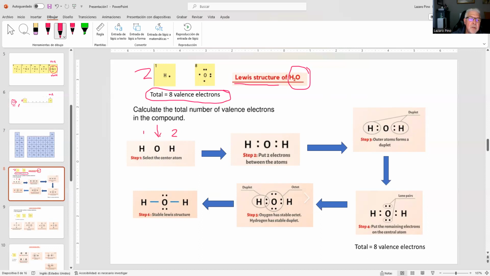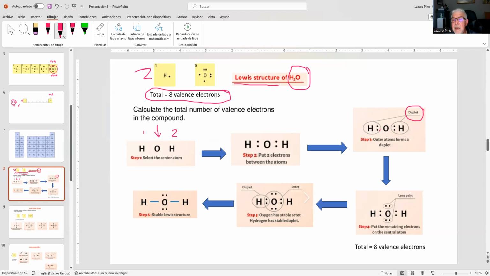So we choose oxygen as the central atom. And then what I do, I put 2 electrons between hydrogen and oxygen. As I told you before, hydrogen is in period 1. So the maximum number of electrons that hydrogen admits is 2, and makes what we call a duplet.